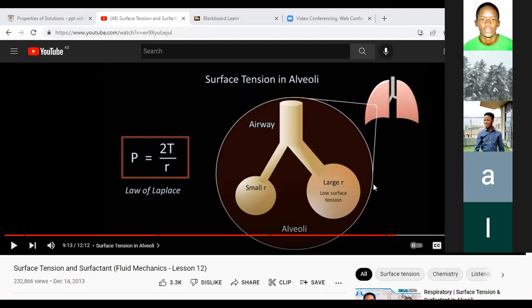Now, this is where the role of the surfactant comes in. What your body tries to do is to produce surfactant so as to reduce this surface tension. So when you put surfactant around here and around here, you make it easier to inflate these two alveoli.